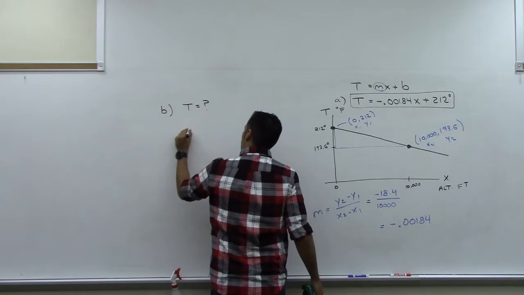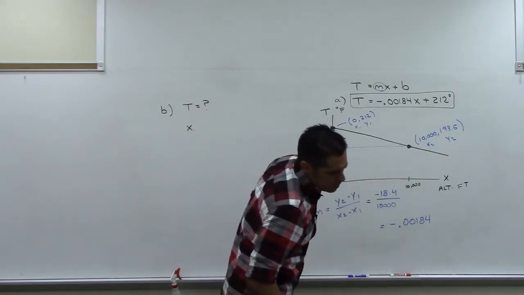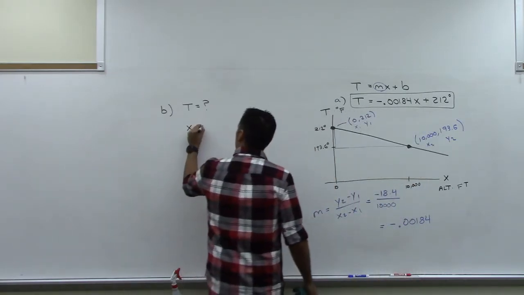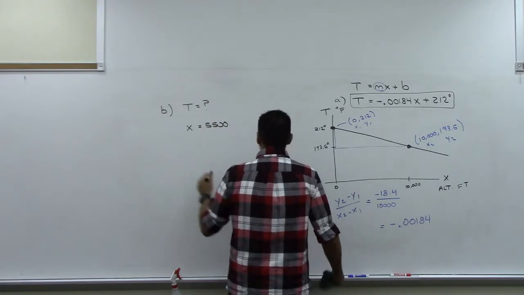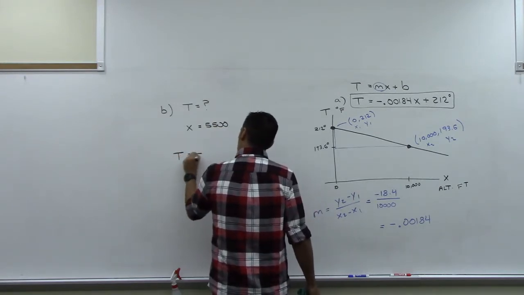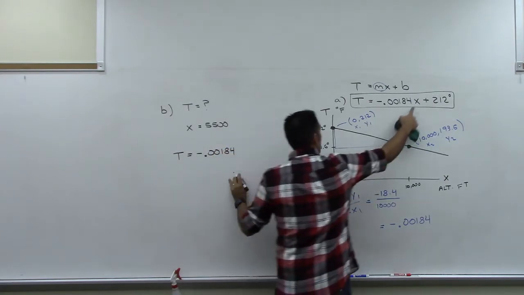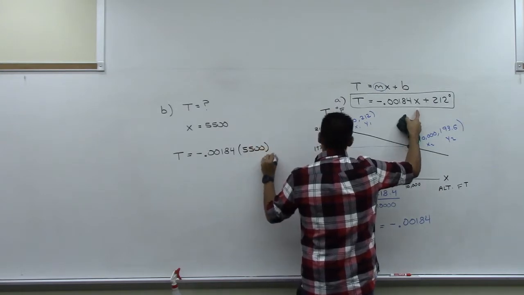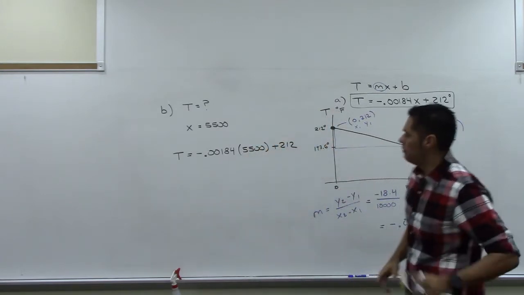Find that if the altitude x is 5,500 feet. So I'm just going to go into my formula, T equals negative 0.00184 times x, which is 5,500, and then I'm going to add 212 to that. And that will be our boiling point at that altitude.